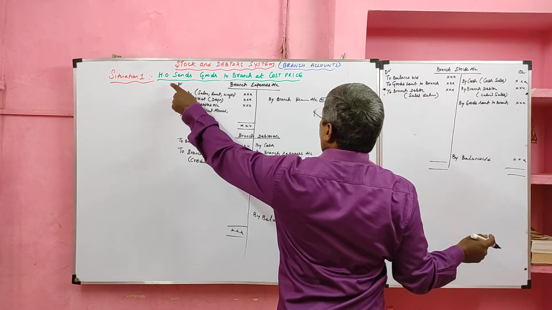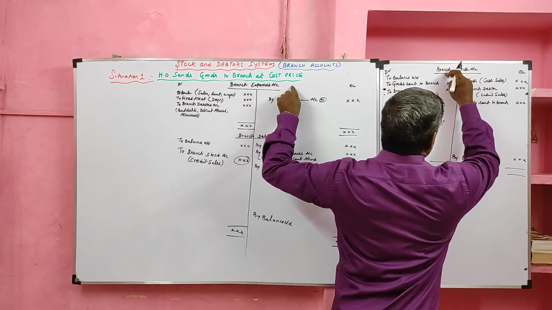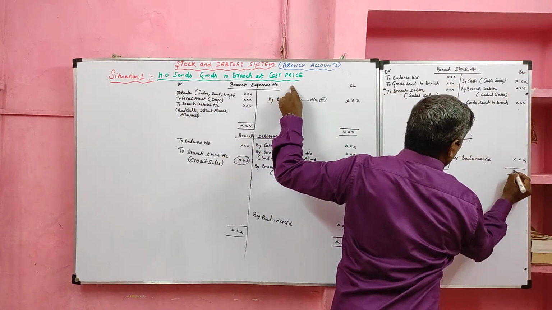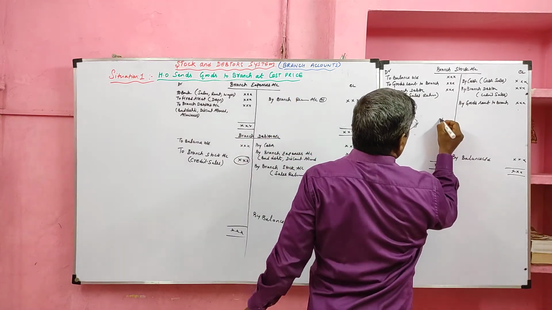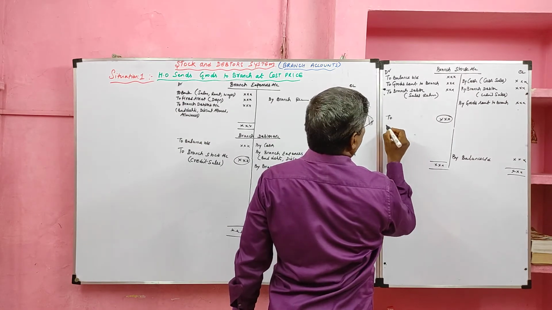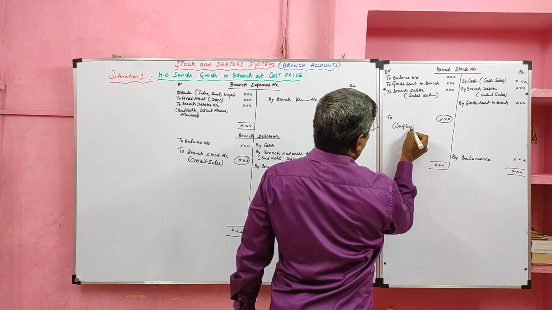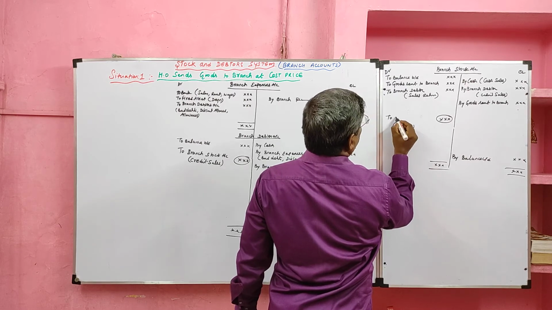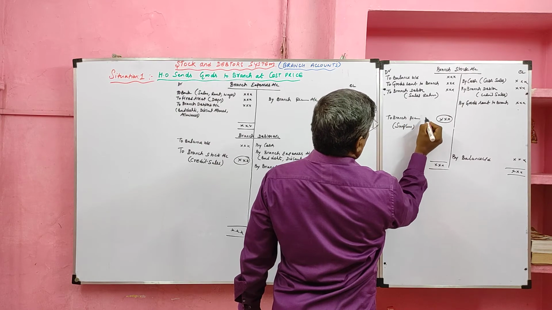When head office sends goods to branch at cost price, definitely branch stock account credit side total is heavier than debit side. So we'll get a balancing figure in the debit side that we consider as surplus, but we will not write as surplus. We'll write as branch profit and loss account.